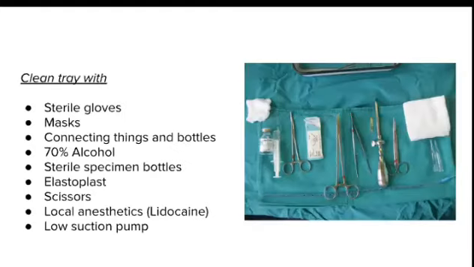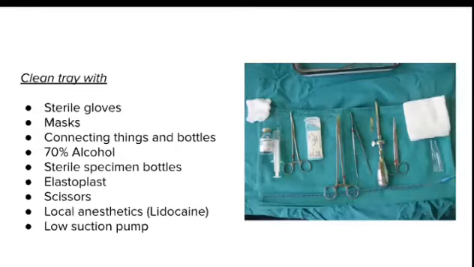A clean tray will have sterile gloves, mask, connectors and tubes, 70% alcohol or cleaning solutions or betadine, whatever we use as per the hospital settings. Sterile specimen bottles to collect and give the samples to the lab. Elastoplast, scissors, local anesthetic lidocaine, and a low suction pump ready to connect to the water seal.